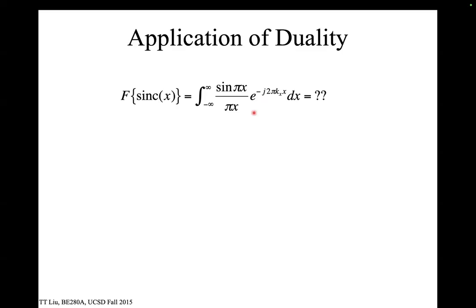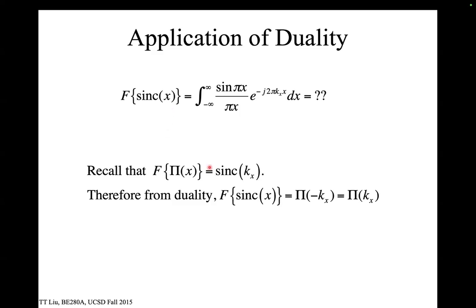However, we know that the inverse Fourier transform of sinc x is a rectangle function, and we know that the Fourier transform of a rectangle is this sinc function. So we should be able just to say, okay, if the Fourier transform of a rect function is the sinc, the Fourier transform of sinc is the rect function flipped around the origin.